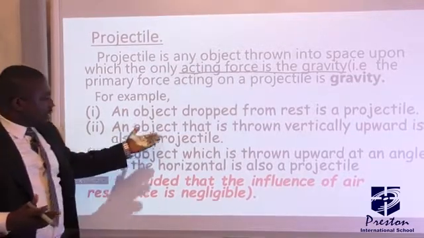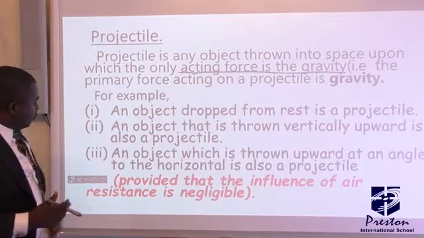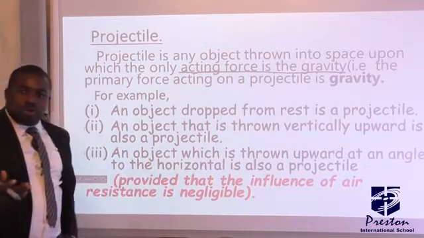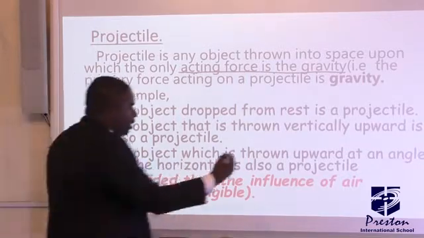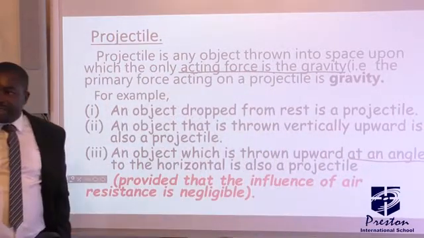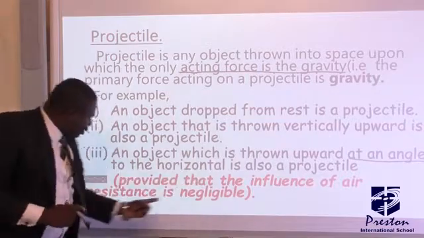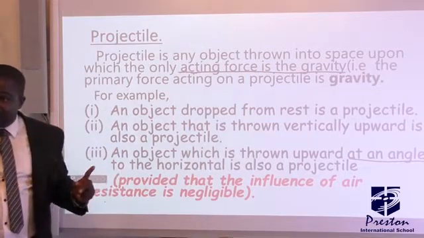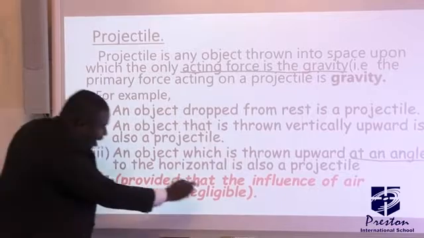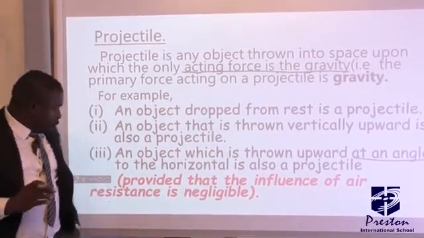Also, an object that is thrown vertically upward is also a projectile. Also, an object which is thrown at a particular angle is also a projectile. All these are possible, provided that the influence of air resistance is negligible. You have to pay attention to that.